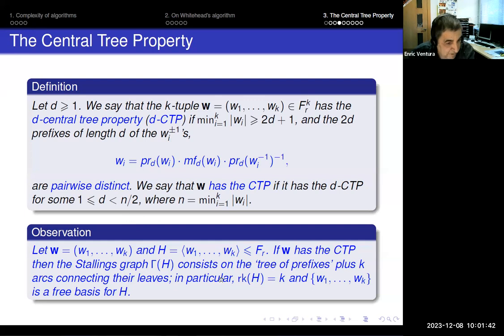And in particular, the rank of the subgroup is going to be k, and furthermore, the original generators are themselves a free basis for the subgroup. When you don't have this central tree property, then more foldings may happen in this central part, and the topology of the graph could be more complicated. But if the 2D prefixes do not coincide, the Stallings graph is that easy.